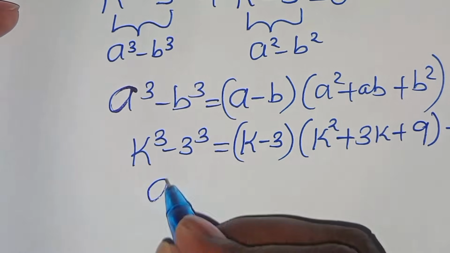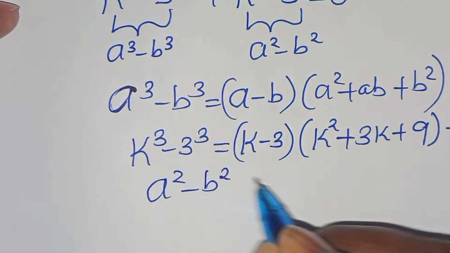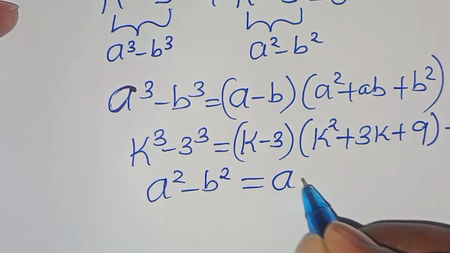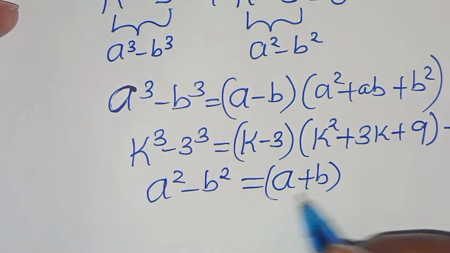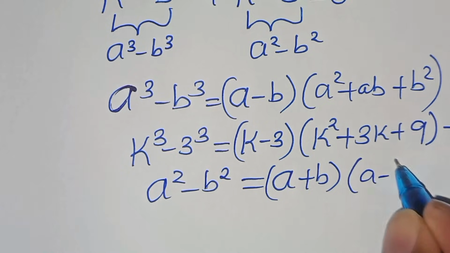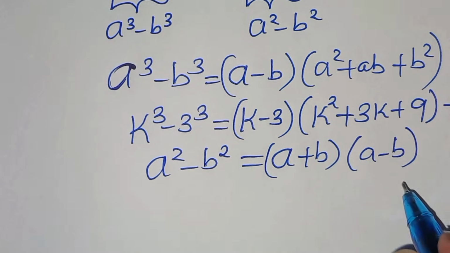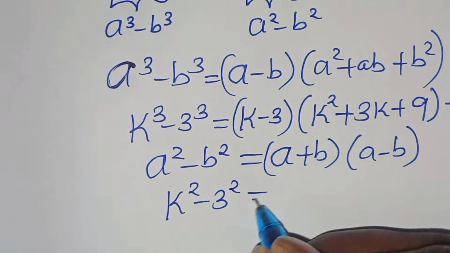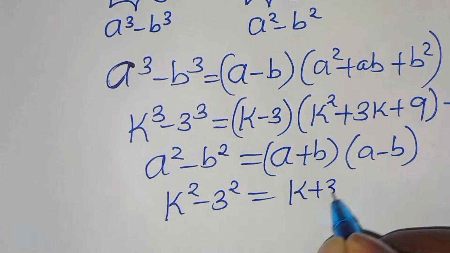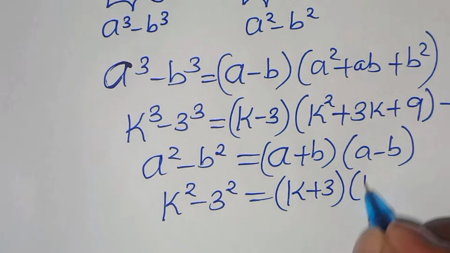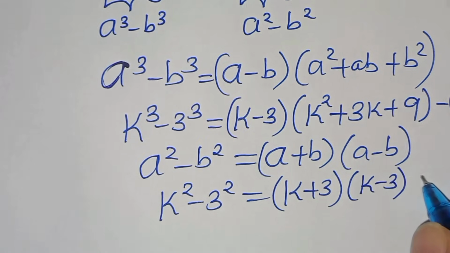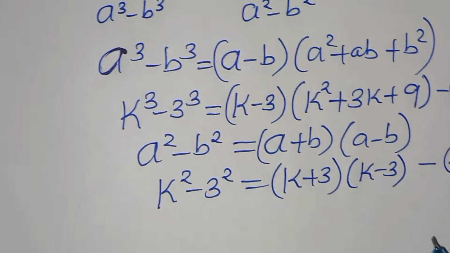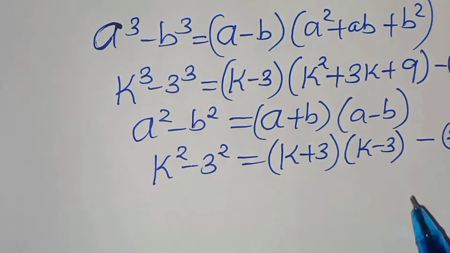Then we have a squared minus b squared. This is the difference of two perfect squares expressed as a plus b multiplied by a subtract b. So k squared minus 3 squared is equal to k plus 3 multiplied by k subtract 3. Let's call this the second part. Now let's combine the first part and the second part.